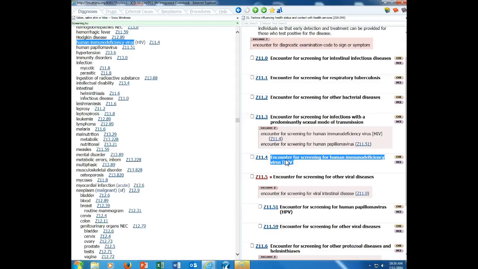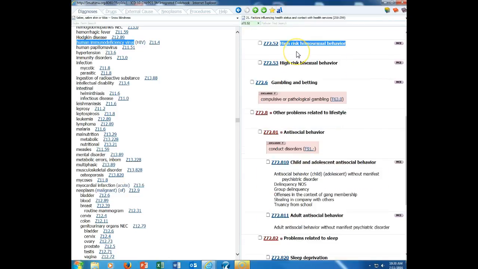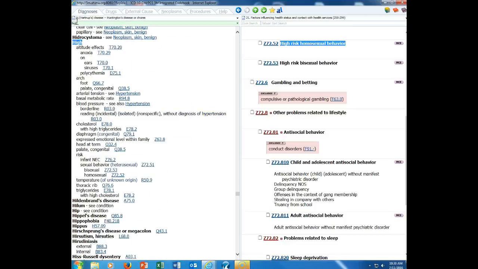And then they have also used this code Z72.52, and this is a code for high-risk homosexual behavior. We can see high-risk sexual behavior, behavioral, homosexual.